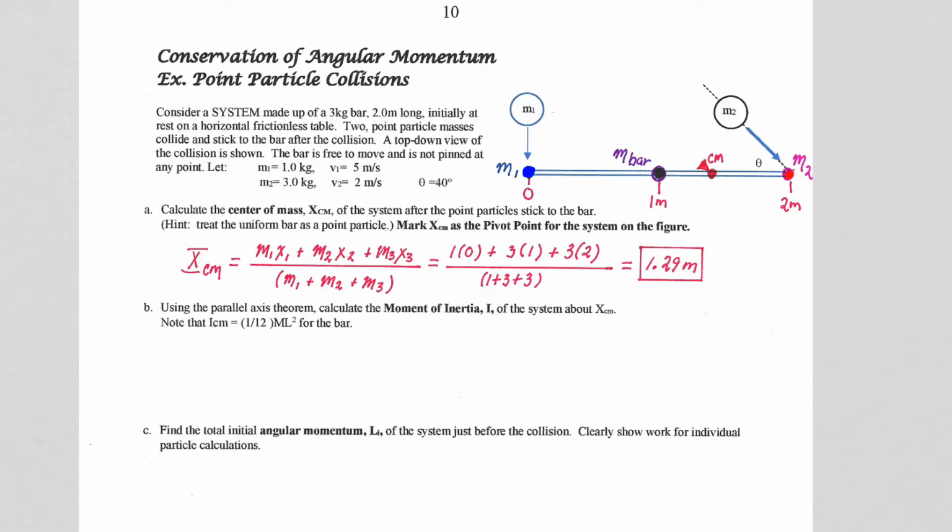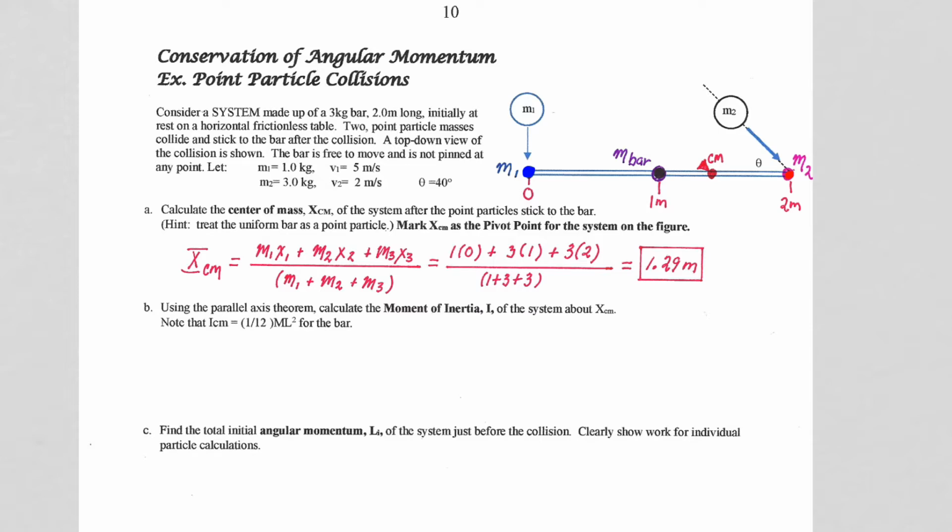And we're going to do it step by step, and I'll try to keep the explanation clean by only showing each part individually. The first thing we're being asked to do is simply to find the center of mass of the system based on the bar, mass 1, and mass 2.